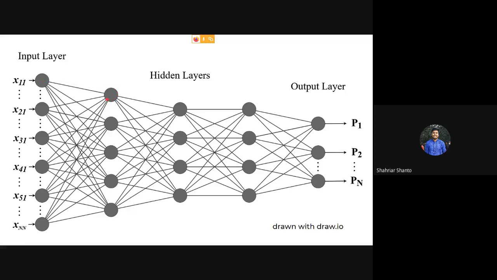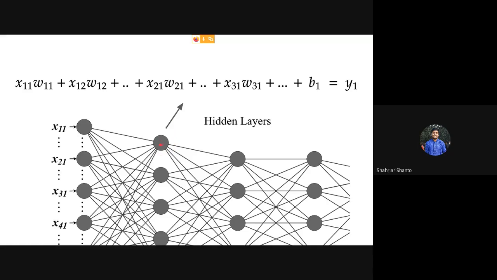If we zoom into what this neuron is getting from the previous layer of neurons, the value is multiplied with all those weights. We can see here x11 is multiplied with w11.